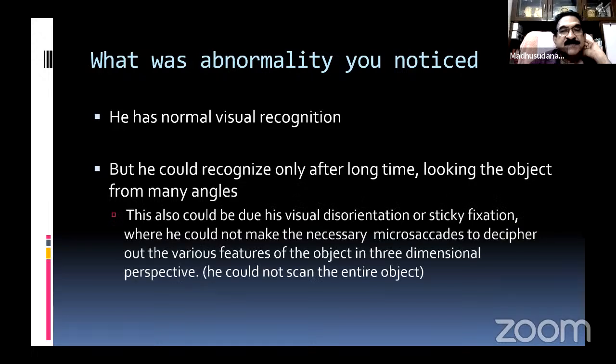It also could be due to his visual disorientation, sticky fixation, where he could not make the necessary microseconds to decipher the various features of the object in the three-dimensional perspective. Putting it in simple terms, he could not scan the entire object. But he has no visual agnosia. Okay?